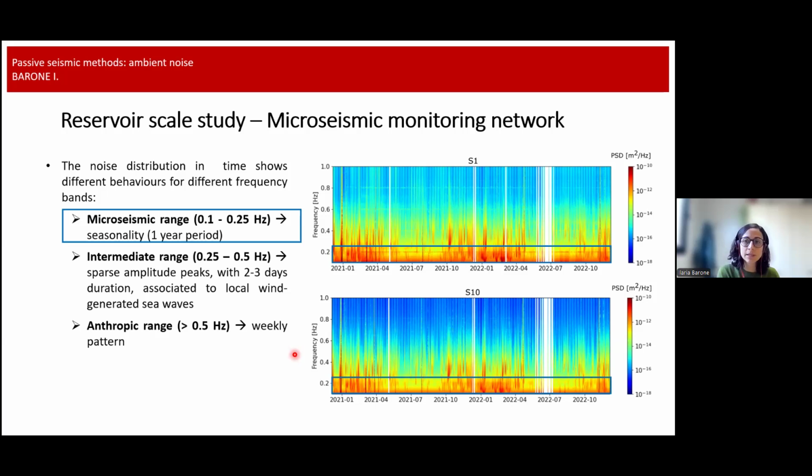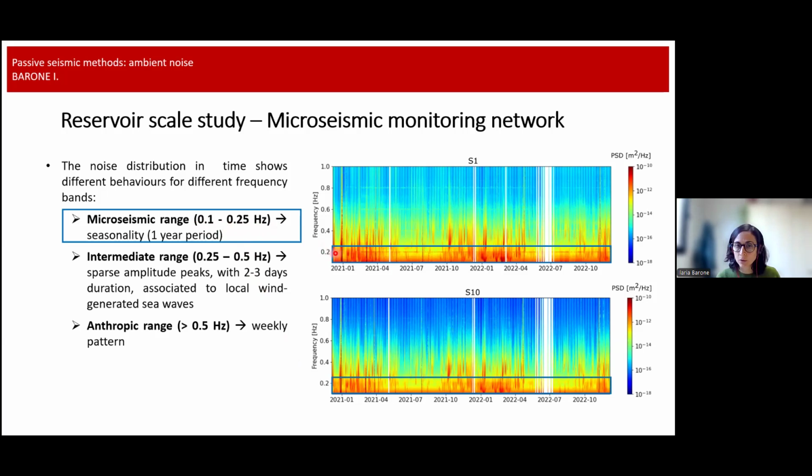In particular, we can distinguish the noise in 3 frequency ranges. The first one is between 0.1 and 0.25 Hertz. That is related, if you remember, to the secondary microseismic range. So it is affected by definition by a strong seasonality, and that's what we see.